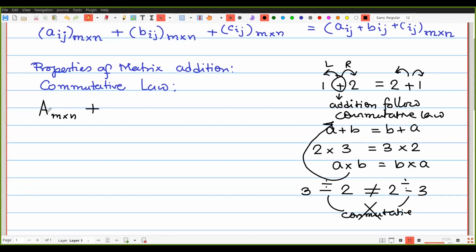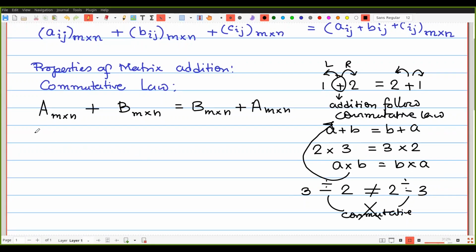Both are different because A is not a number, A is a matrix. Another one, suppose B, n cross n. Whatever the result is, it is also true that B plus A is the same as A plus B.